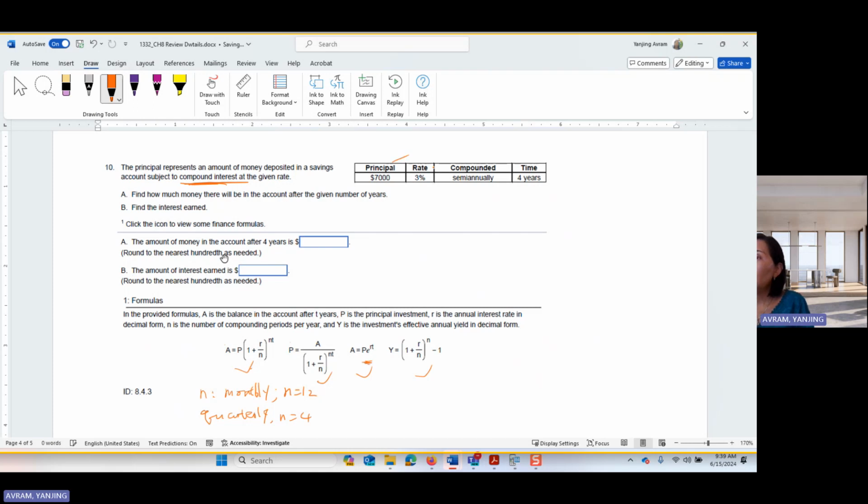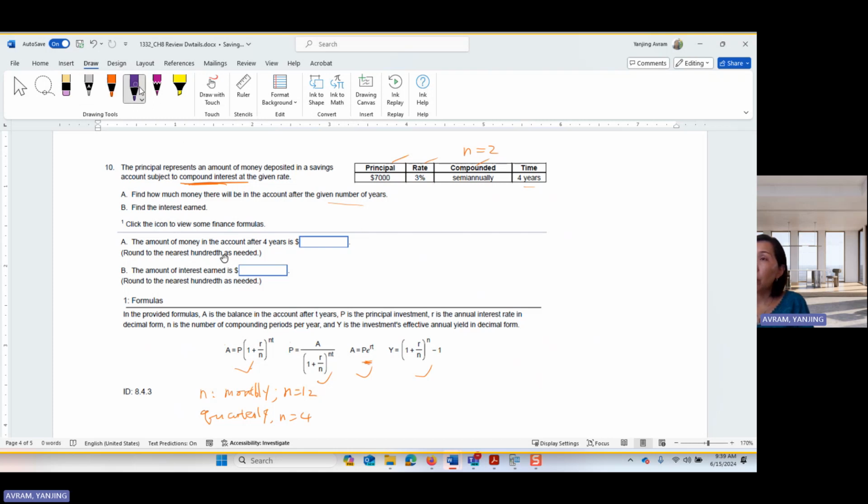We have a principal, we have an interest rate. We compound semi-annually, so n here will equal 2. That means compounding 2 times in a year. First, you want to see how much money there will be in the account after the given number of years, so that means after 4 years.